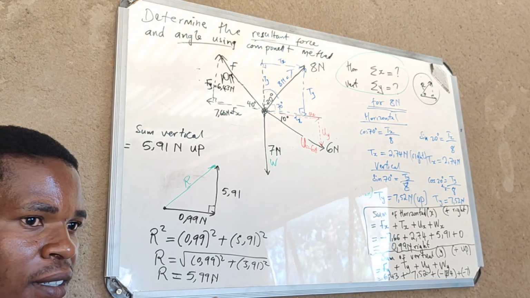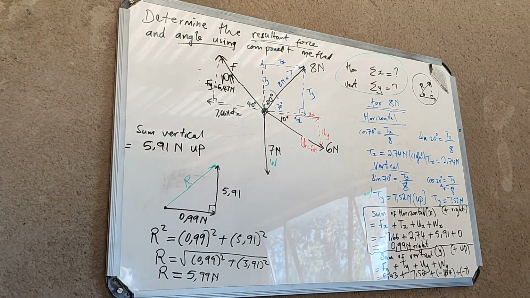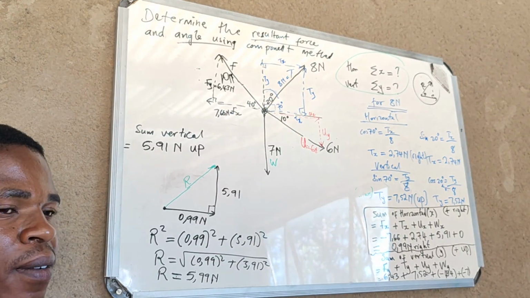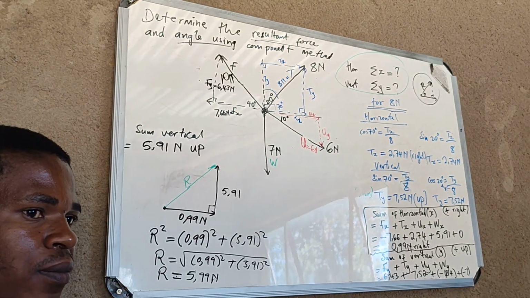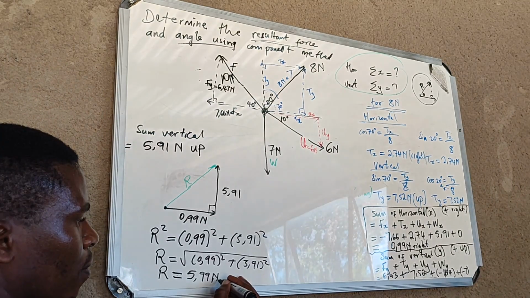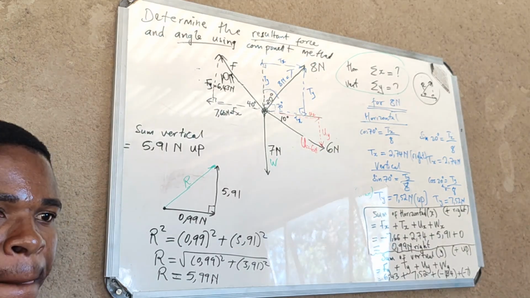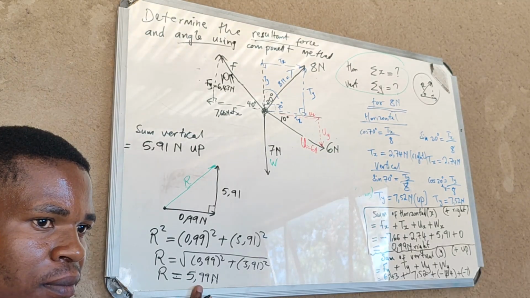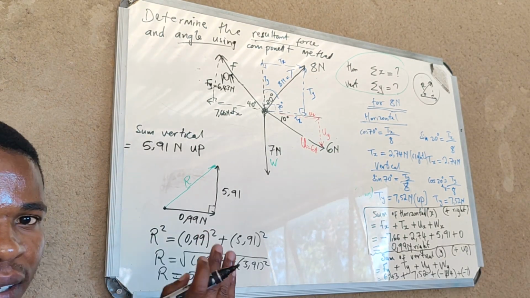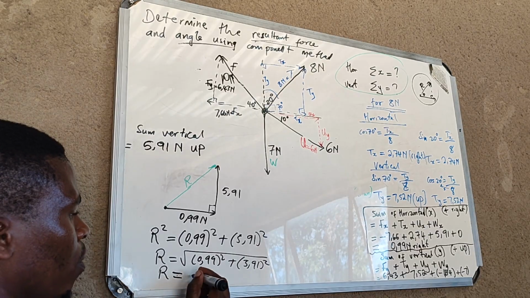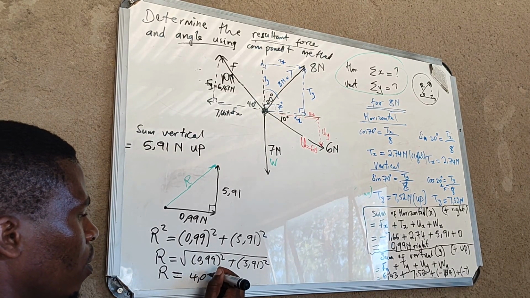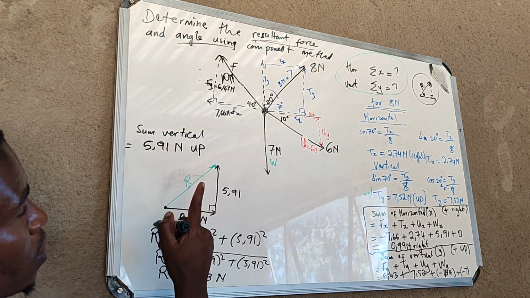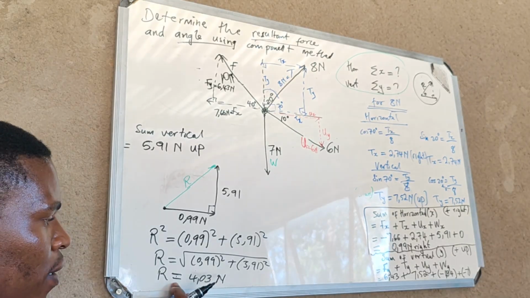Are you all getting that? Are you all getting that? Confirm. What are you getting? What are you getting? 4,03. Why not? 4,03 newtons.